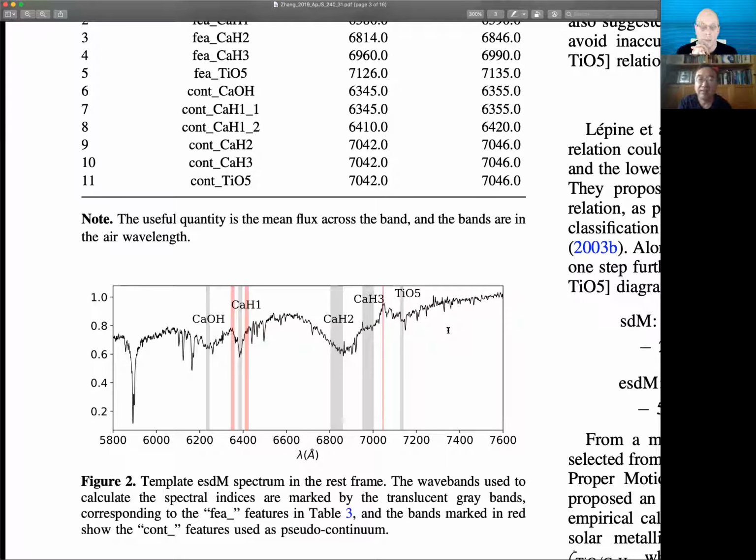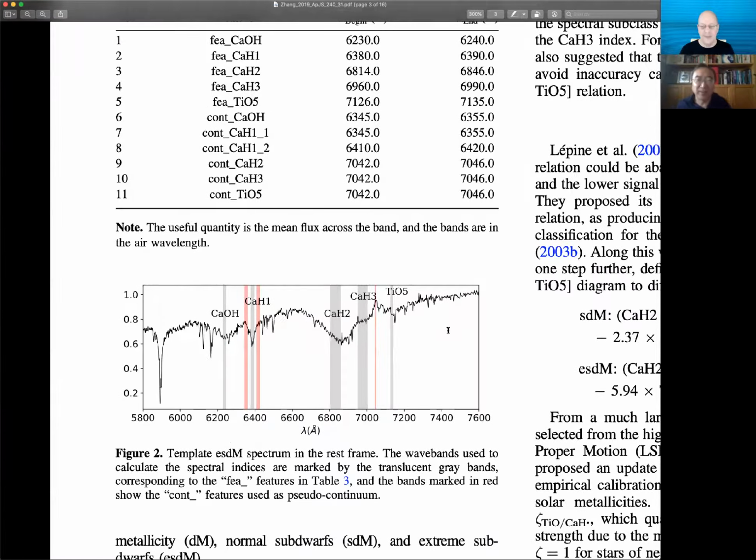So it's very easy to check whether a star is an M-dwarf or M-subdwarf, just by comparing the calcium hydride depth and the titanium oxide. It's easy for people to do by eye, but for a large quantity of data, we cannot do this by eye. Too many spectra.